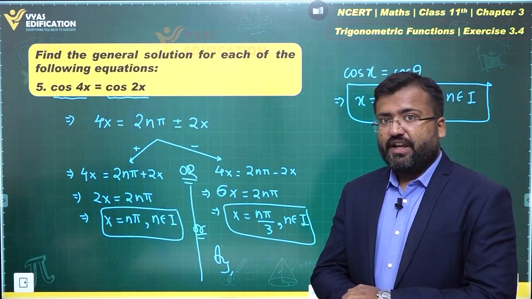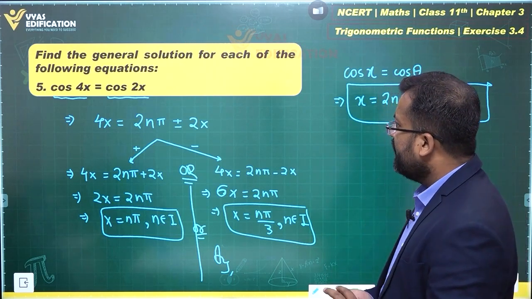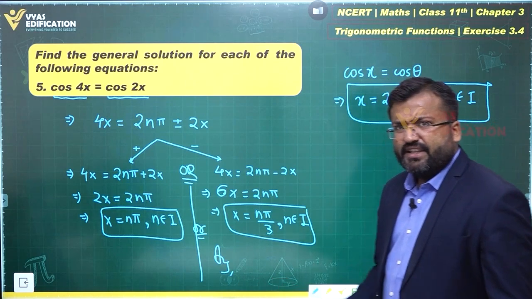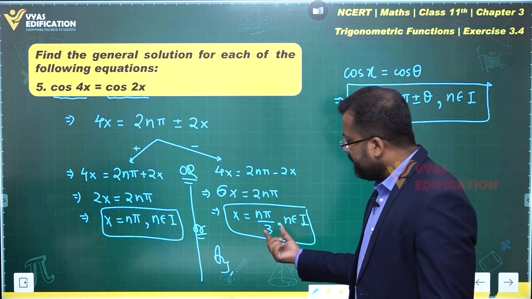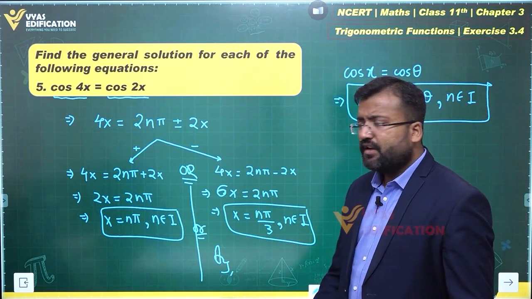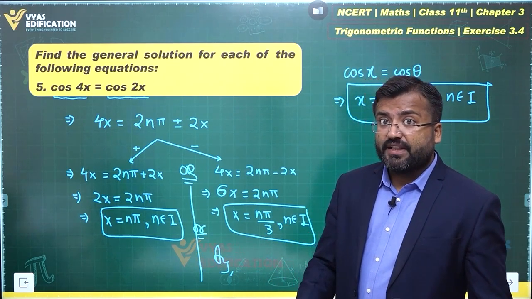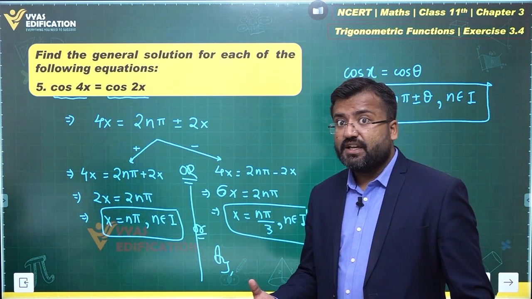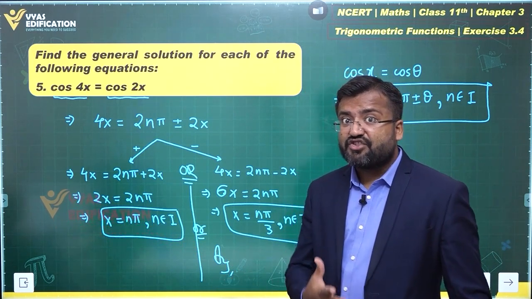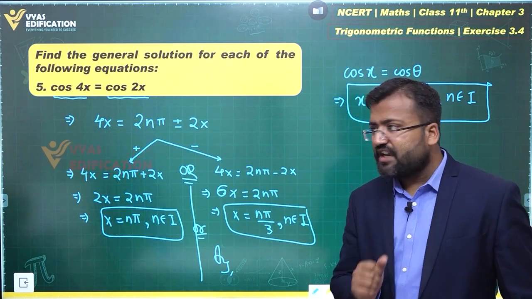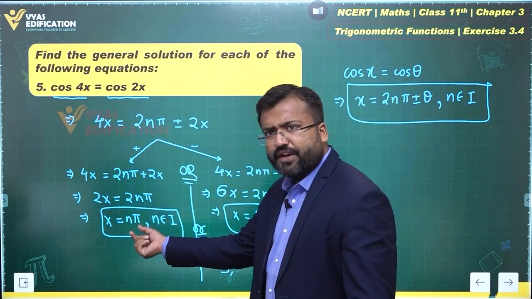There's one more catch over here. N pi by 3 and n pi, if you take a look at these, what are the values of x that you'll get over here? You'll get pi by 3, 2 pi by 3, pi, 4 pi by 3, 5 pi by 3, 6 pi by 3, which is actually 2 pi, 7 pi by 3, 8 pi by 3, and 9 pi by 3, which is actually 3 pi. What are you getting over here?